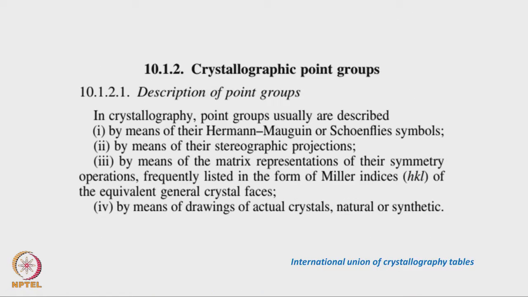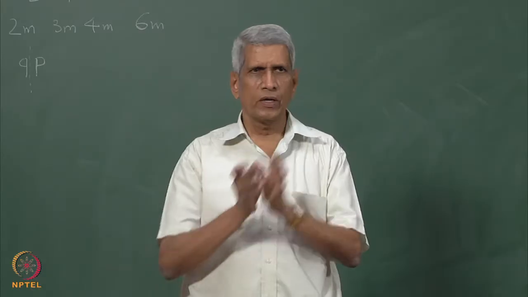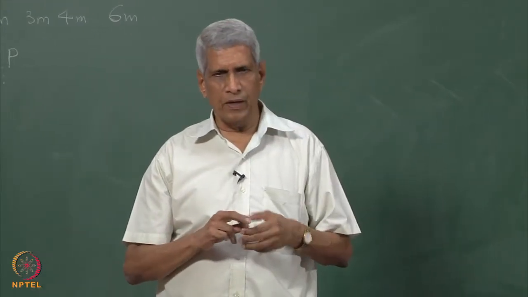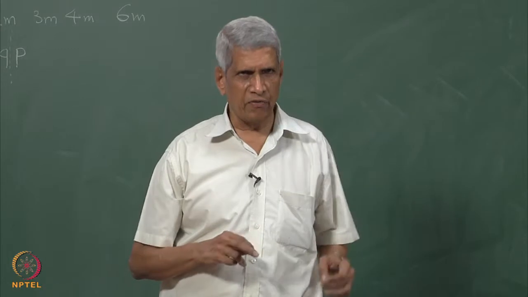Then I also mentioned that this can be described or represented in different ways. One is using symbols, the Hermann-Mauguin symbol or the Schoenflies symbol. Another is that we can represent it with a stereographic projection. Then there is a matrix representation, in which you use a matrix to transform the coordinates of one point to the coordinates of another point.